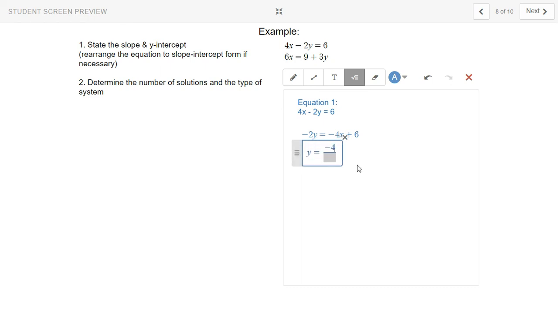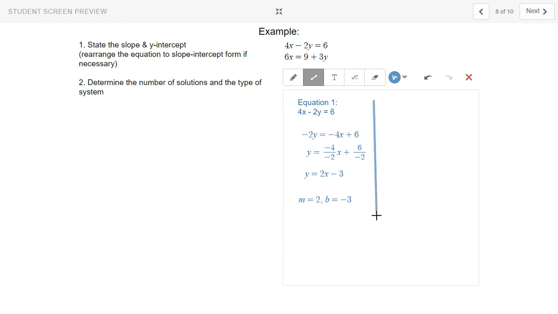So y is equal to -4 over -2x plus 6 divided by negative 2. That simplifies to y is equal to 2x minus 3. My slope is 2 and y-intercept is negative 3.